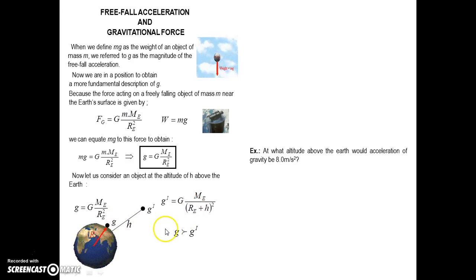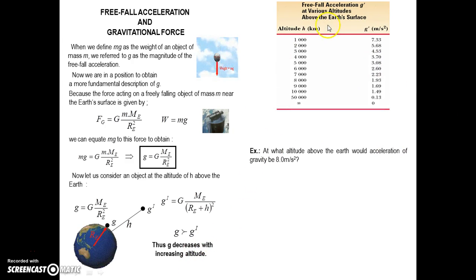The gravitational field near the surface of the Earth will be bigger than the gravitational field far away from the Earth. You can say g and the distance are inversely related: if we increase altitude, g will decrease.